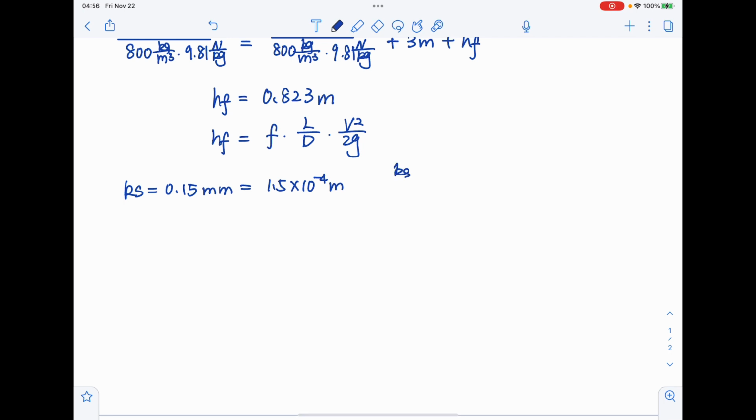So ks over D equals 1.5 times 10 to the negative 4 meters divided by D, which is 0.08 meters. So the relative roughness is 1.9 times 10 to the negative 3.